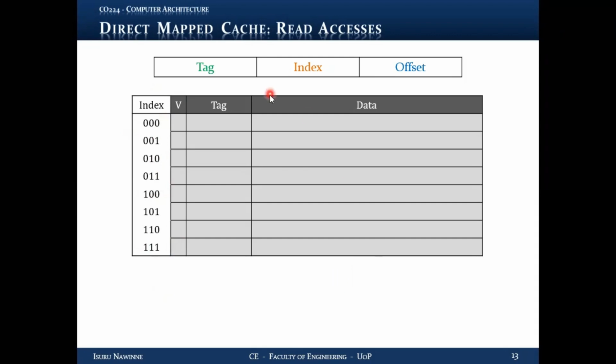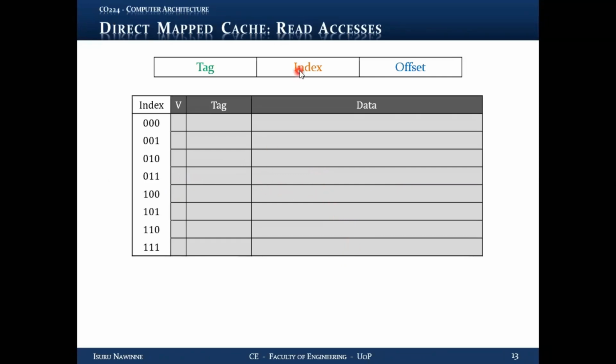So what happens when you receive an address? We divide the address into three parts. Offset tells us which word or byte we are looking for within the data block. The index part of the address depends on the size of the cache, the number of cache entries we have, and that tells us which entry we are going to access. That is the key feature of direct map, where a given memory block has only one place that it can be mapped in the cache.